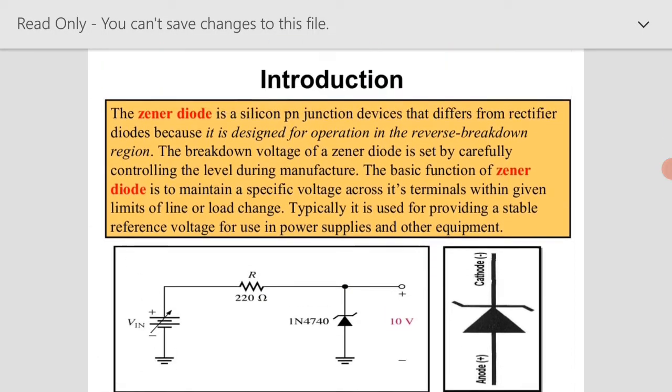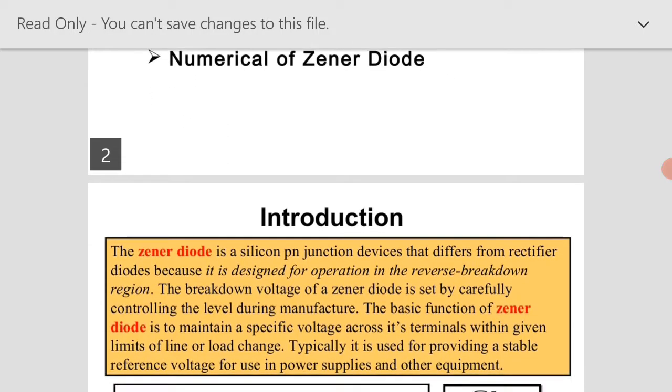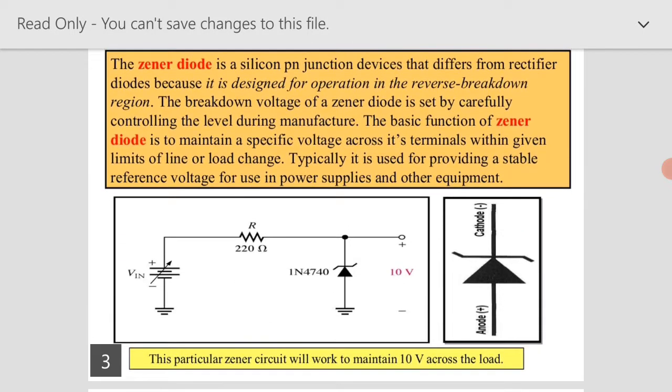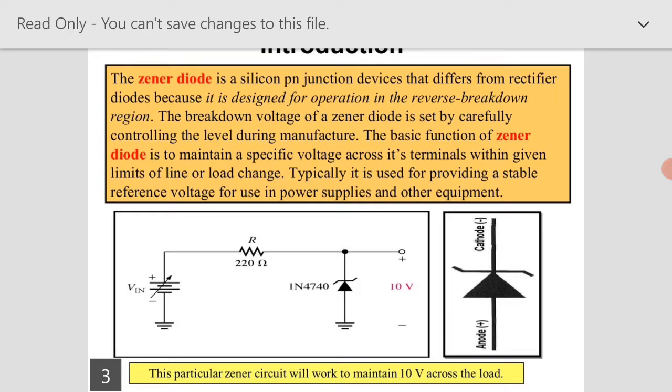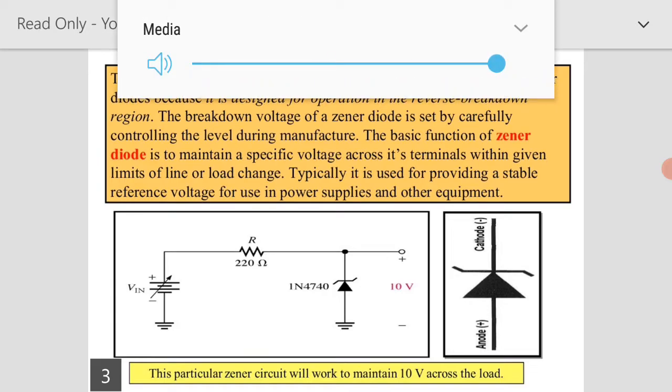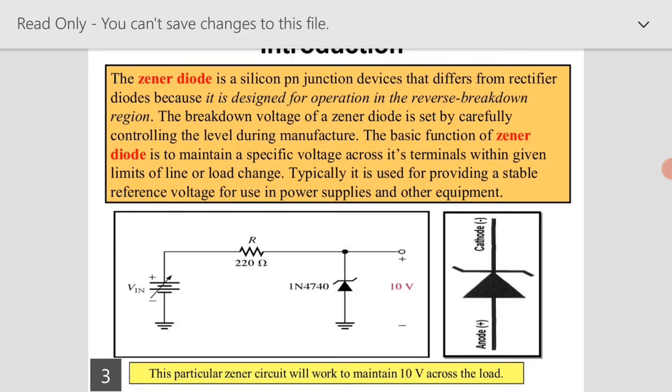The introduction of Zener diode is: the Zener diode is a silicon PN junction device that differs from rectifier diode because it is designed for operation in the reverse breakdown region.